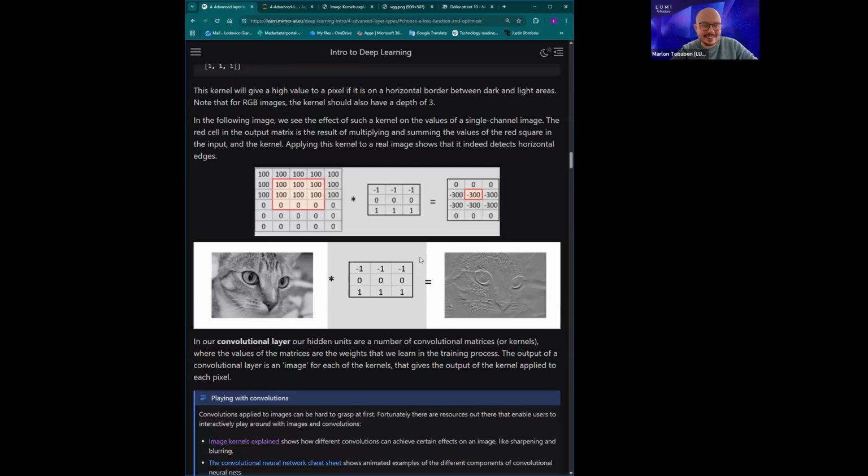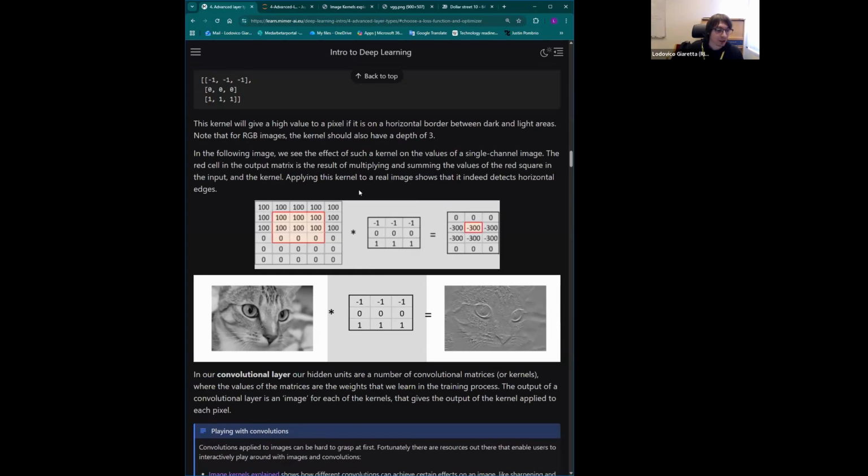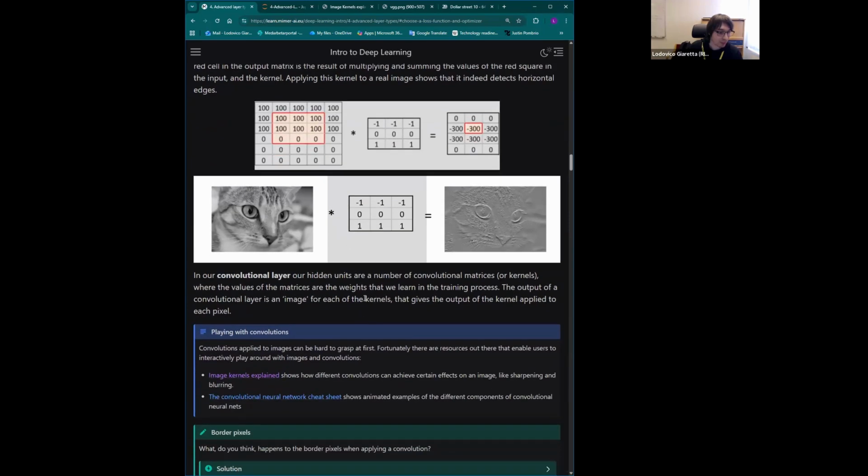Oh, okay, excellent. So let's try to build some convolutional neural networks, some convolutional kernels, as we call them, ourselves, and see how they work. So I recommend going to the first link listed here in the lesson to see an example of this.